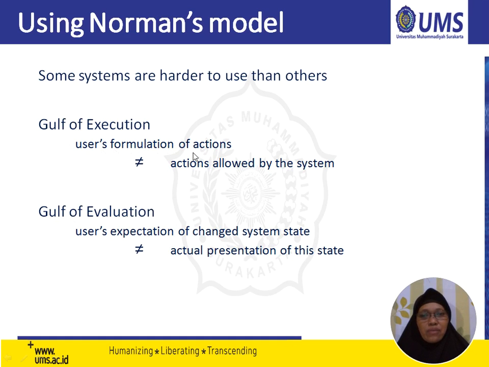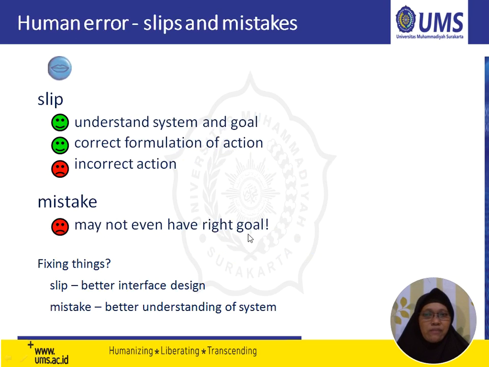If the formulation of action is not equal to the system actions allowed by the system, we need execution. But if the user expectation is not equal to the actual presentation, we need evaluation. This is for the human error that we have in the interaction, which we know as slips and mistakes.